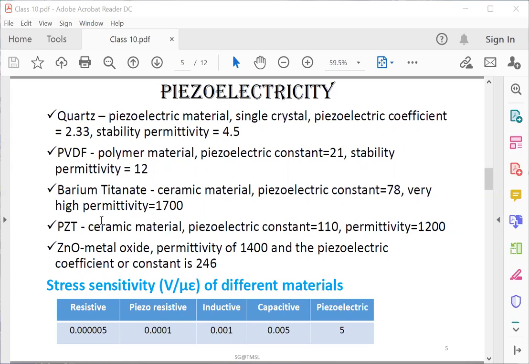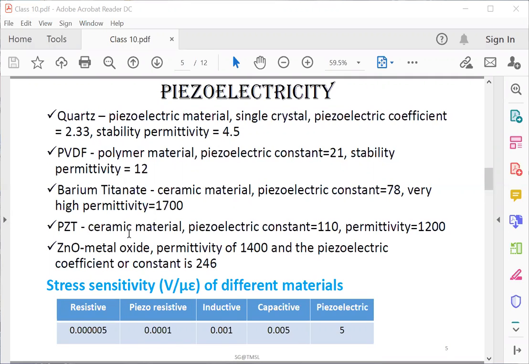Another material like barium titanate, a ceramic material, has a piezoelectric constant of 78 and a very high permittivity of 1700. This barium titanate has different axes, and according to these axes, the permittivity can change from 1700 to 4000.